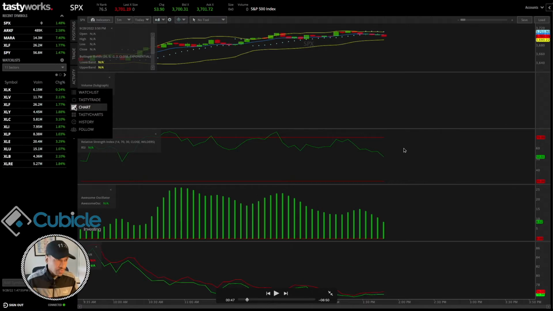Looking at this 5-minute chart, you can see this candlestick is in red. It's showing that the price of the underlying is pulling back, or decreasing in value. That's the reason why I decided to go on the call side, because the call side benefits from the underlying's price decreasing in value.